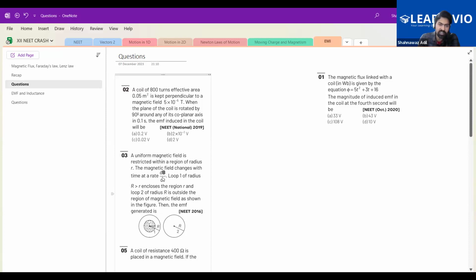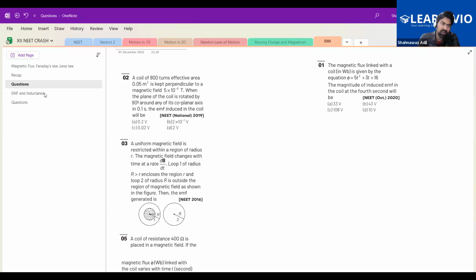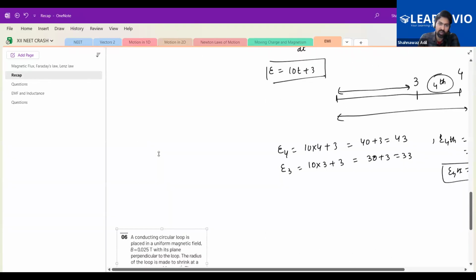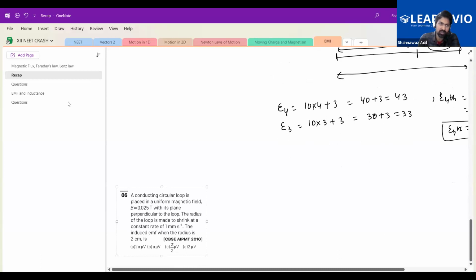Magnetic field is changing and area remains the same. So you can have different scenarios. Magnetic field changing, area changing, and angle changing. In the second question, angle is changing, right? So all these are different kinds of question. Okay, but let us do this one type and then we'll move on to the next topic, which is EMF, right?